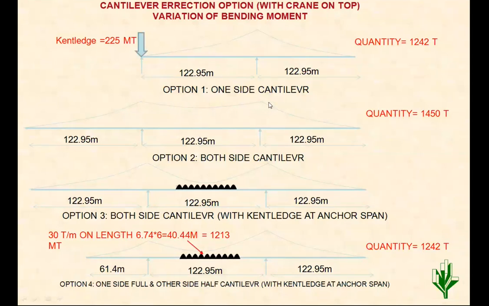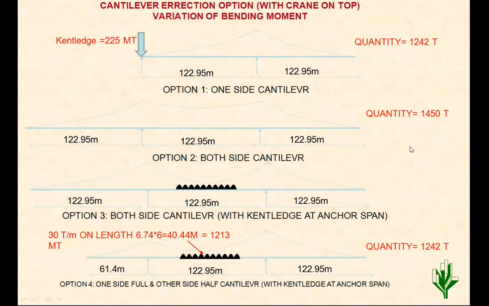Almost the flat diagram has gone. So the weight of truss, that is the requirement of members, is higher in this case. So the quantity of truss is, say, 1242 metric ton in this case. It becomes 1450 metric ton in the second case. That can be avoided by some other option.